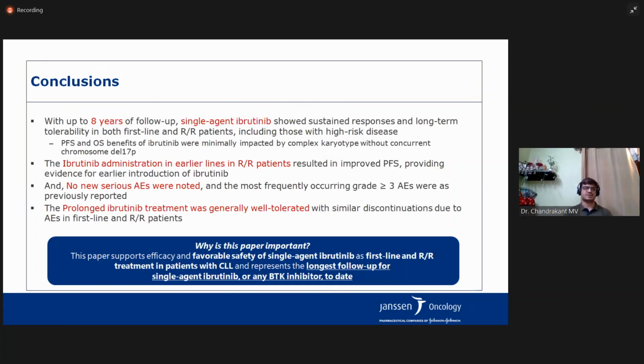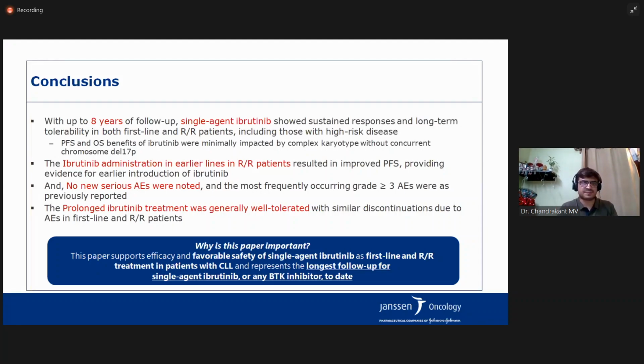So what were the conclusions of this phase 1B or 2 study? With up to 8 years of follow-up, which is the longest follow-up we have for any BTK inhibitor right now. So the PFS and OS benefits of ibrutinib were minimally impacted by the complex karyotype without concurrent 17p deletion.